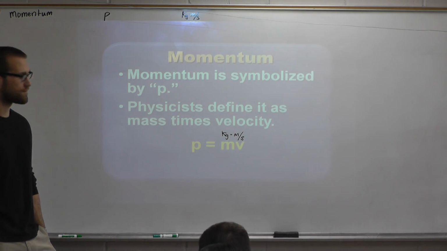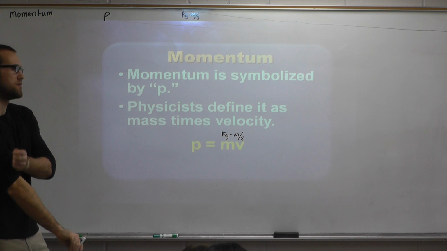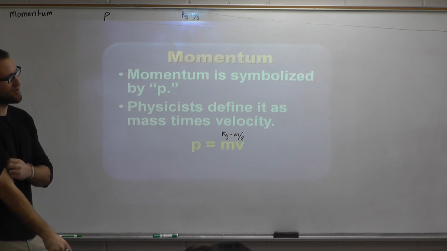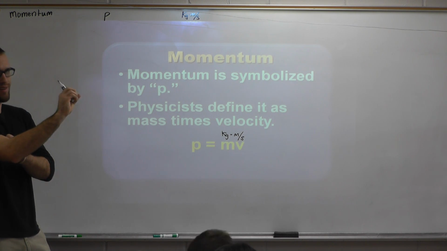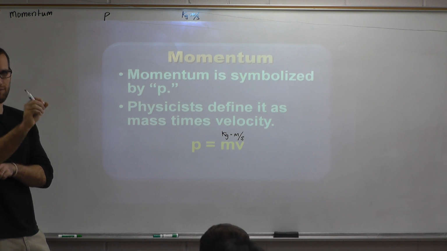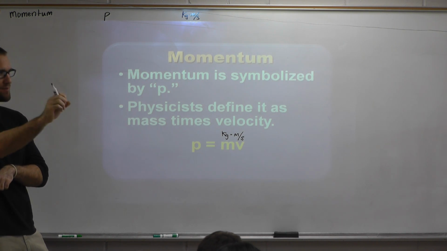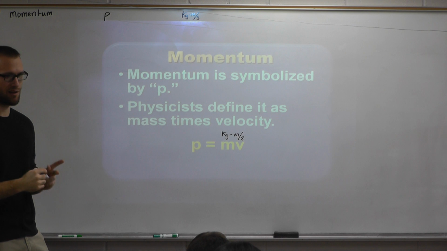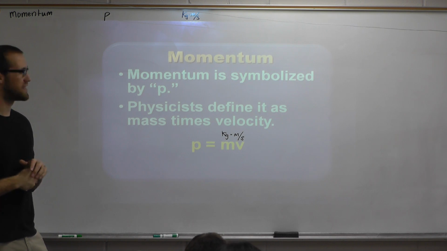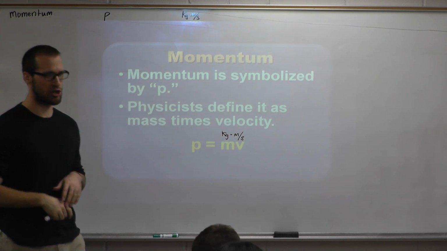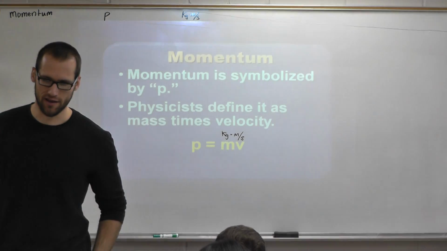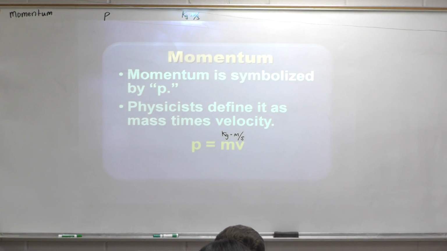Normally I write out meter per second, but I'm not going to write out a kilogram times a meter per second because that'll get really long. So go ahead and put this in the back of your notes after you have gotten the stuff in the front.